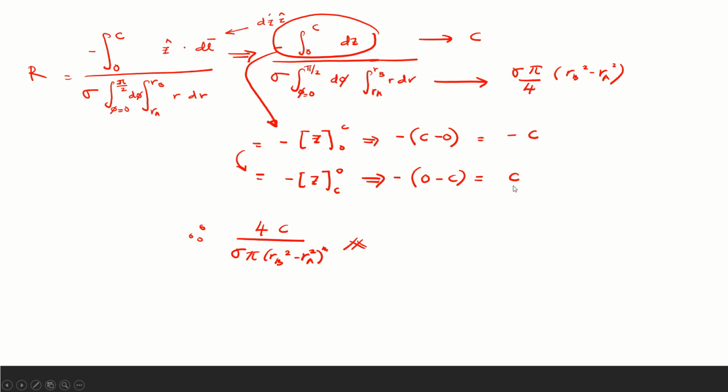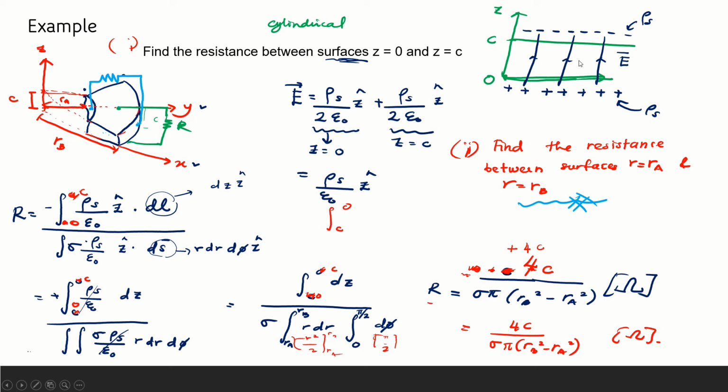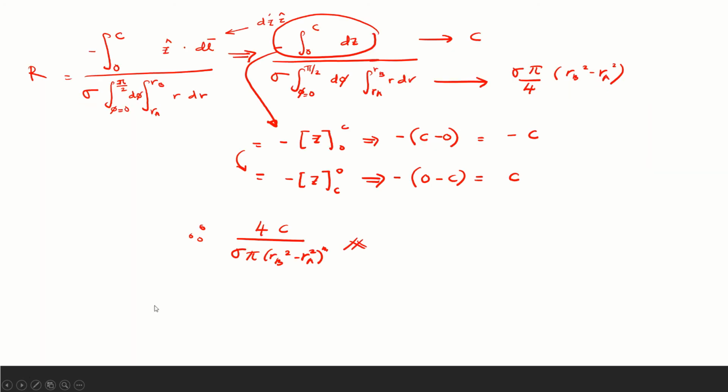This is by experience, based on our previous calculation. If the limit is in the same direction as the electric field, it will give you a minus answer. If you take the limit opposite to the electric field, it will give you a positive value.